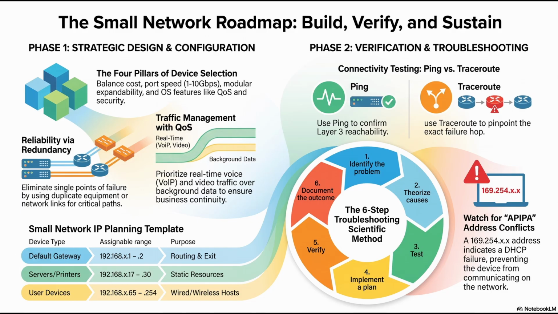Okay, let's pivot a bit here. We've built the roads, we've zoned the city, established the emergency lanes, but knowing how to route traffic doesn't matter if we don't understand the vehicles on the road. Like, what is actually generating all this data? Right, so now we're moving into the application layer. It helps to draw a distinct functional line between network applications and application layer services. Okay, break that down for us. Sure.